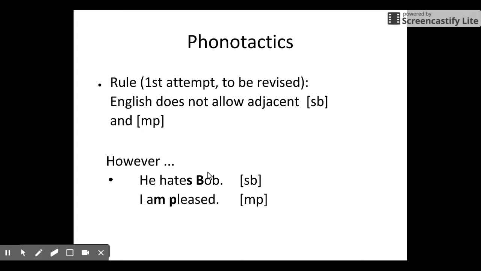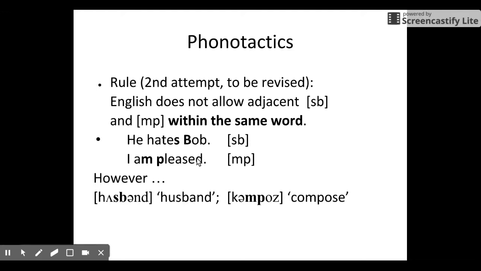Or we can say, look, we have different words. This sound belongs to the previous one, and this sound belongs to the following one. So maybe word boundary matters. So English does not allow adjacent sp and imp within the same word.